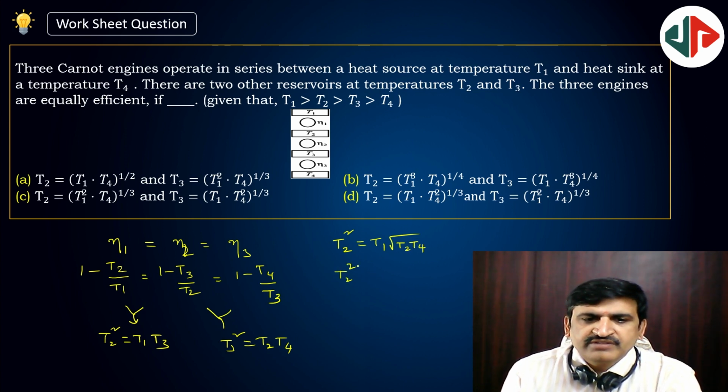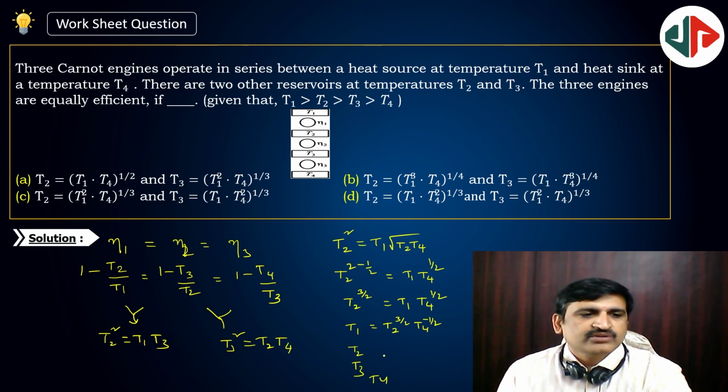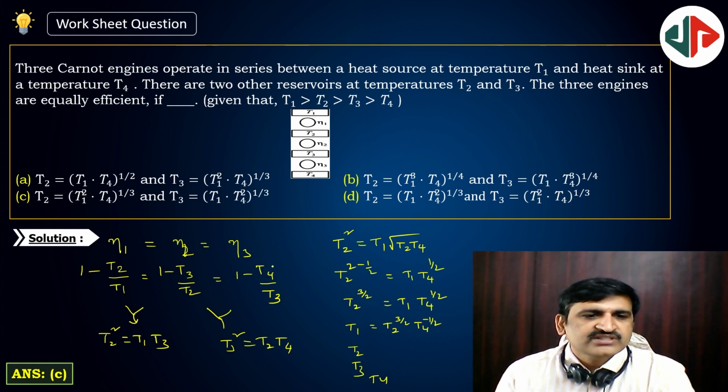So T2 to the power of 2 minus 1 by 2 is equal to T1 into T4 to the power of 1 by 2. So that is T2 to the power of 3 by 2 is equal to T1 T4 to the power of 1 by 2. So T1 is equal to T2 to the power of 3 by 2 and T4 to the power of minus 1 by 2. Similarly you can get T2, T3 and T4, so that you can check which option is suitable. After simplification you can get option C.